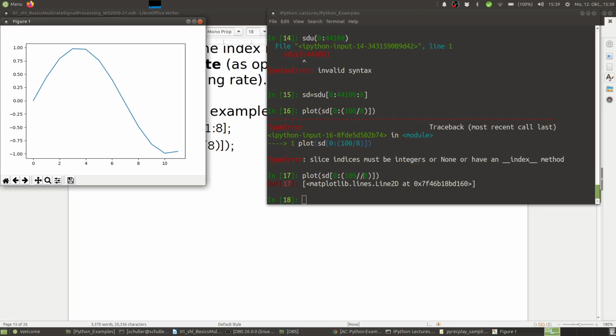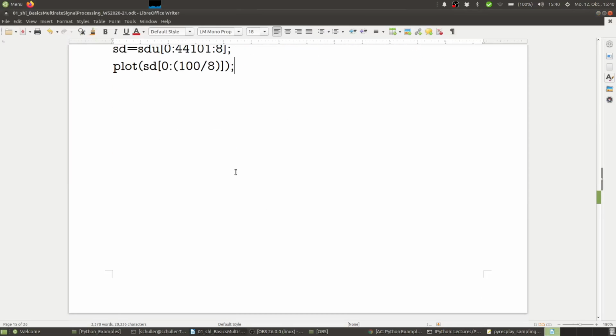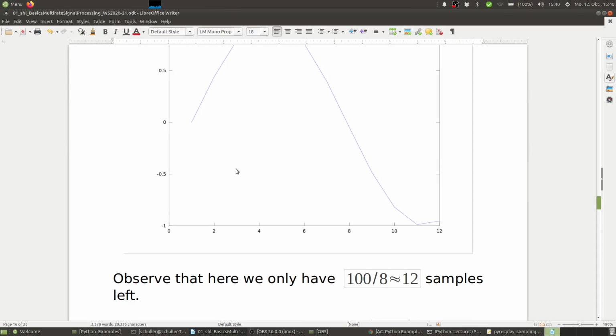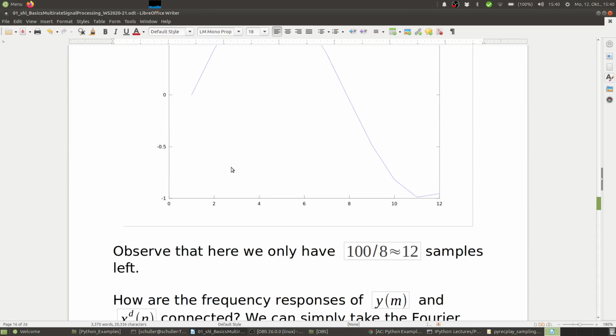Double slash means you just have the integer division. That's important because this is supposed to be an index, and an index is always integer valued. So here we can see we have now part of the sinusoid, but with only 10 or 11 samples. Yeah, or here 12 samples.